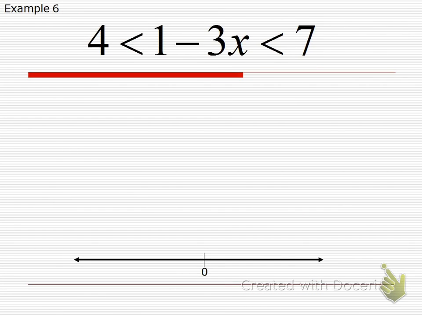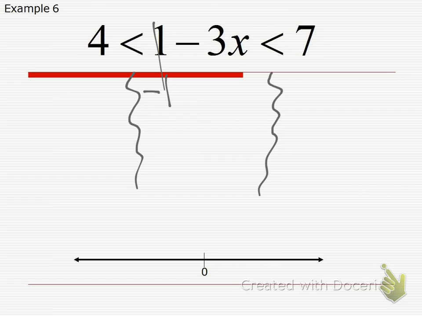I said earlier, AND problems are typically written as one big long inequality with 2 places where you'd see a less than symbol. I actually prefer these over OR problems because you can do it all at once. Instead of breaking it up into 2 separate problems, we can just take care of it all at once. You have to think of this as sort of having 3 separate sides. So if you look in the middle, to get x by itself, you would start by subtracting 1.